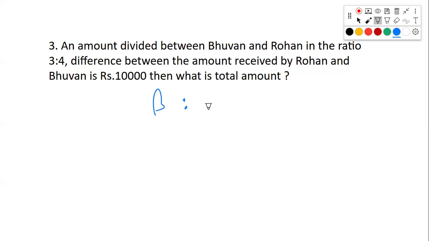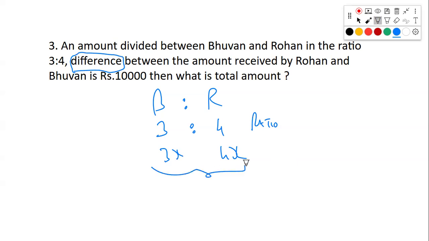Bhuvan and Rohan ratio is 3 is to 4. Sometimes you can also think, let this be 3x, 4x. This is only a ratio, so let the amounts be 3x and 4x. Now, the word difference is very important: difference between the amount of Rohan and Bhuvan. What is the difference here?